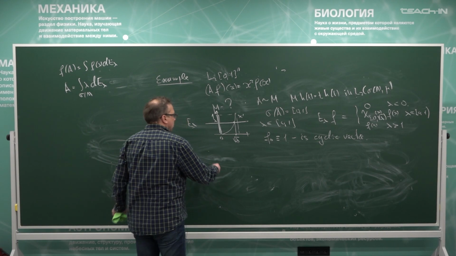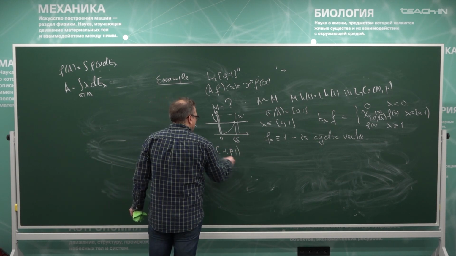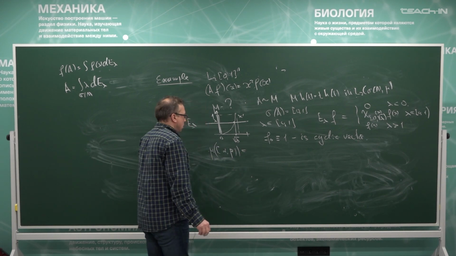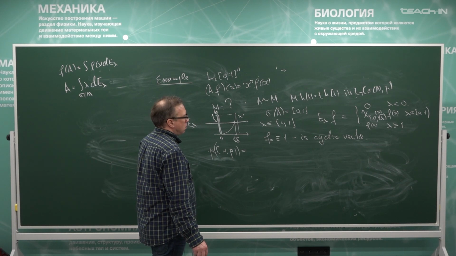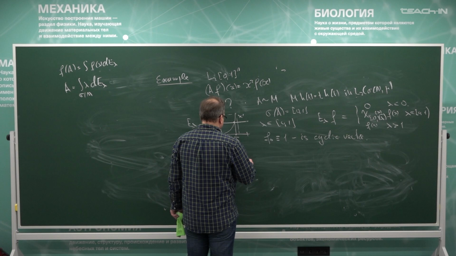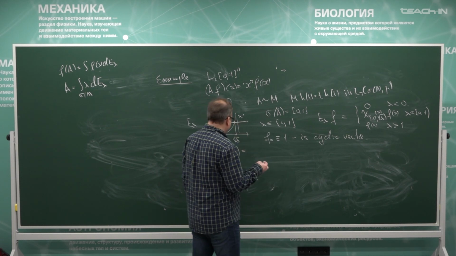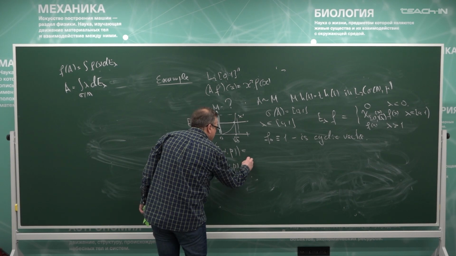And so the measure is what we have. Of course, I consider the situation when alpha, beta lie in the spectrum.